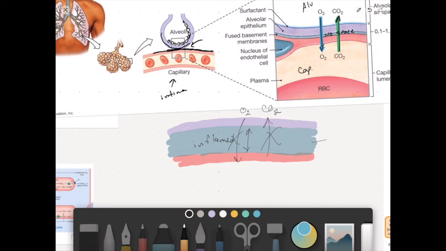And that is why inflammation can result in hypoxia, which is a major problem with COVID-19 or SARS-CoV-2, the disease caused by that, is that you get inflammation in the lungs. These epithelial cells start to die because they're infected with virus, but it's majorly the inflammation that results from that that leads to a lack of diffusion.